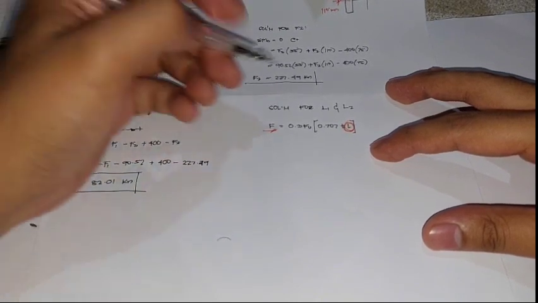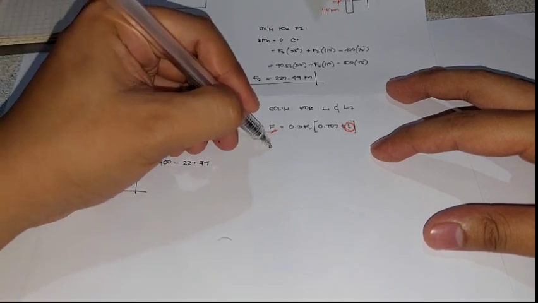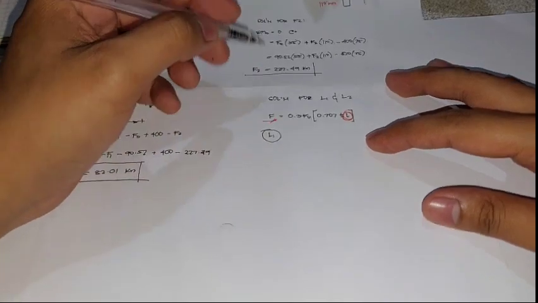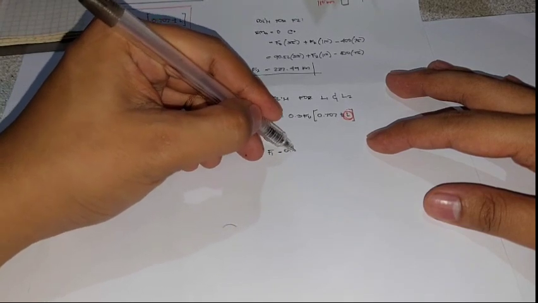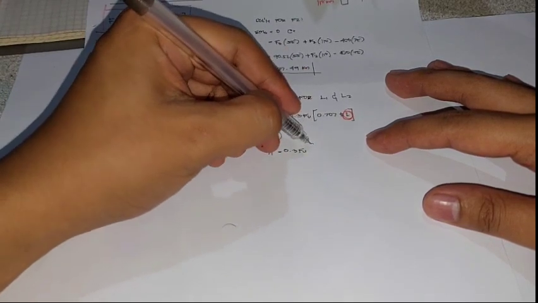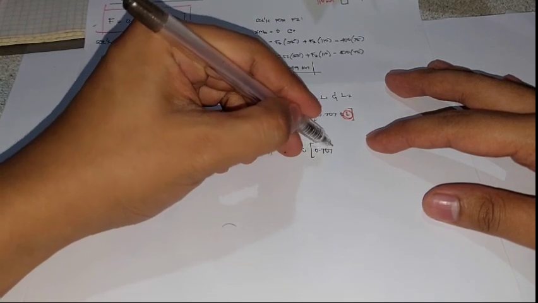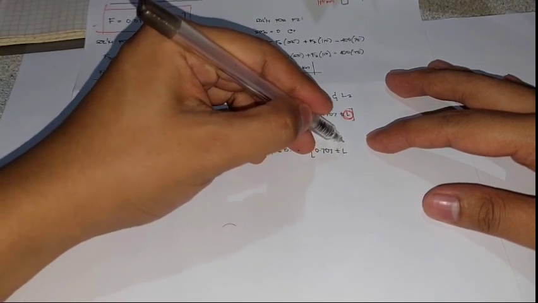Start with F1 and L1. F1 is equal to 0.3 FU times 0.707 times thickness times length.